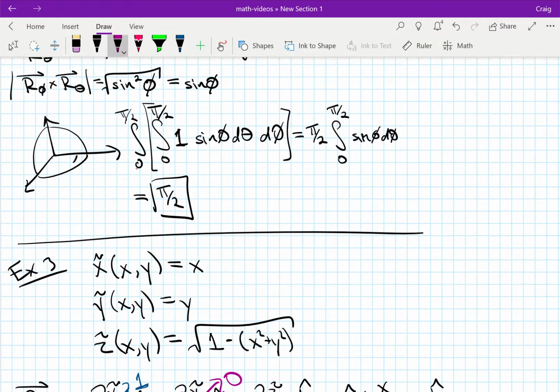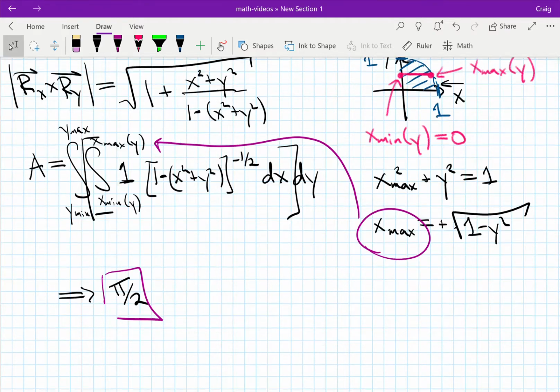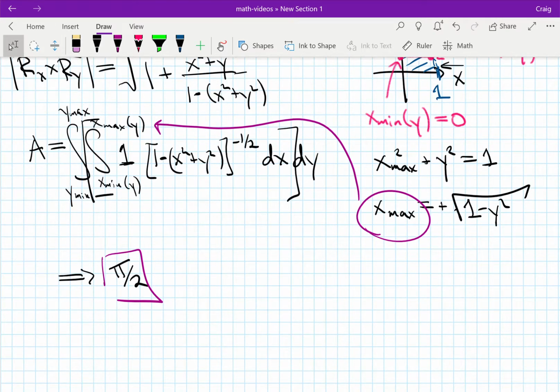So it's very simple. You look at these limits, they don't depend on each other. So the procedure is much simpler, but this procedure here is not the end of the world, and it does give you something consistent. So that is an example of how different parameterizations of surfaces when computing surface integrals will lead to different procedures for iterated integrals to solve the problem.